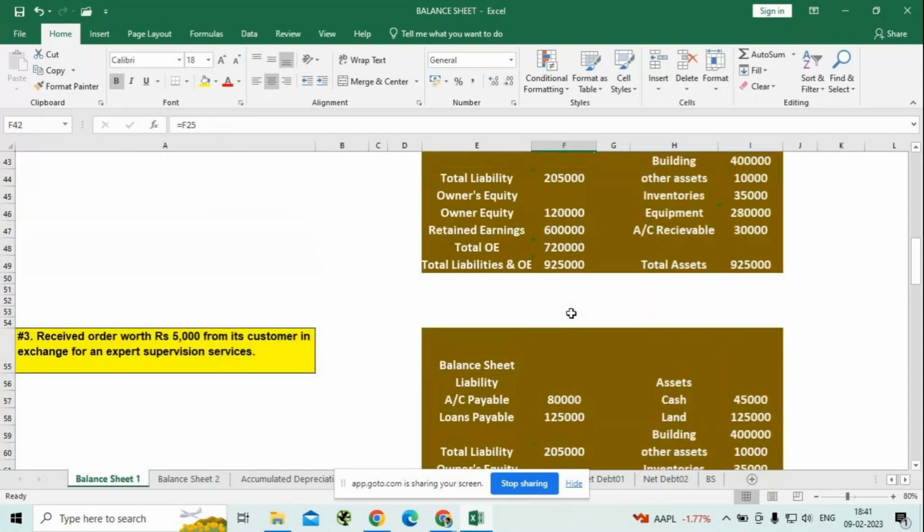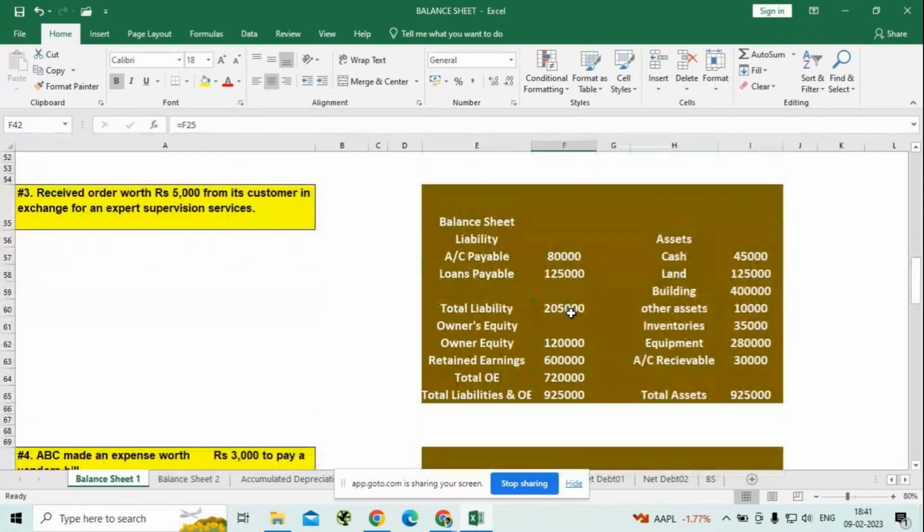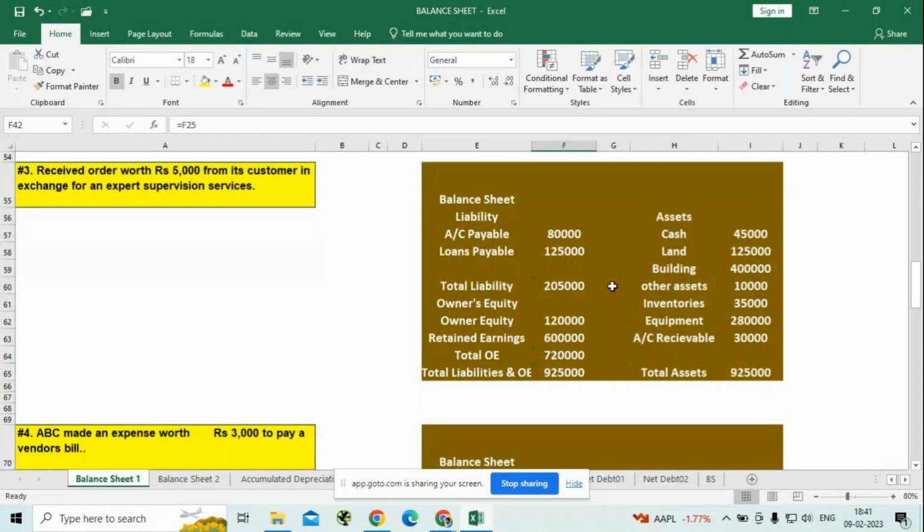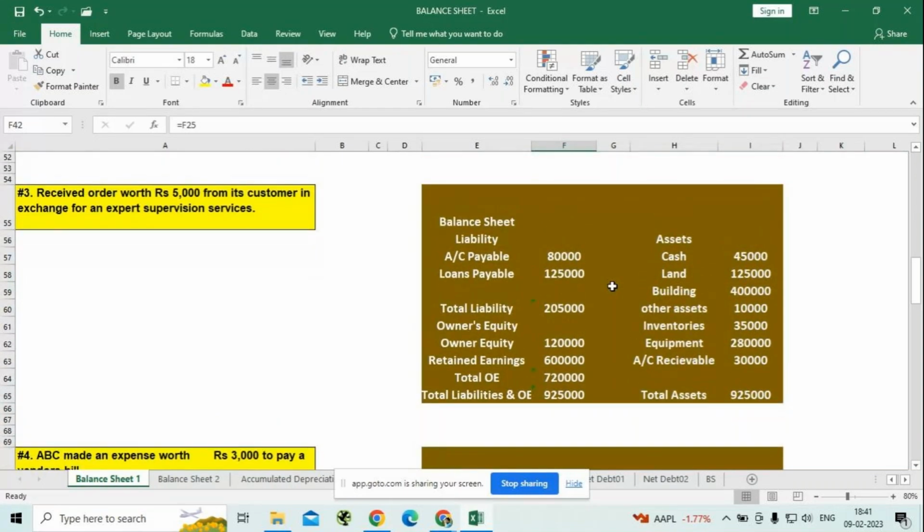The next transaction: received an order worth rupees 5,000 from its customer in exchange for expert supervision services. So here we have received something worth rupees 5,000 in exchange of the services. So here we are making it a direct kind of service, sales of services.